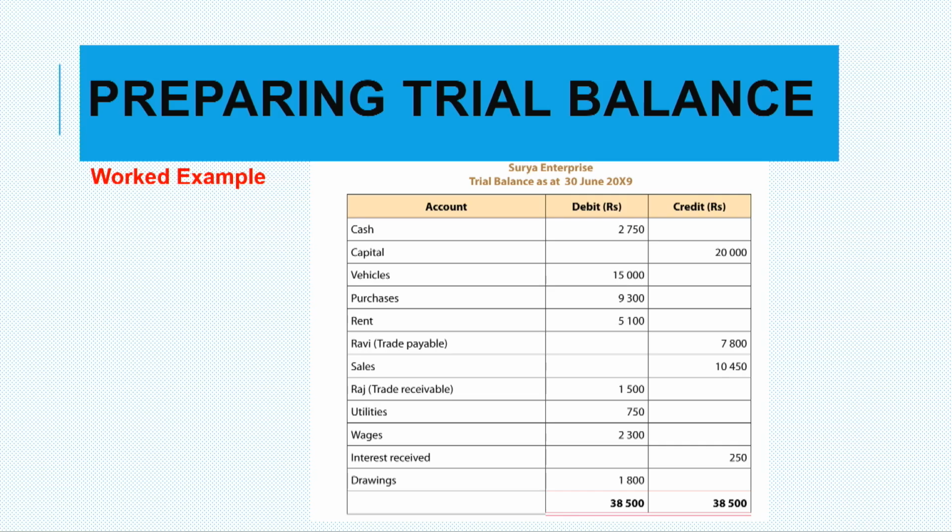Similarly, we add the figures in the credit column. This will also give us the sum of 38,500. This shows that the total of debit balances agrees with the total of credit balances.